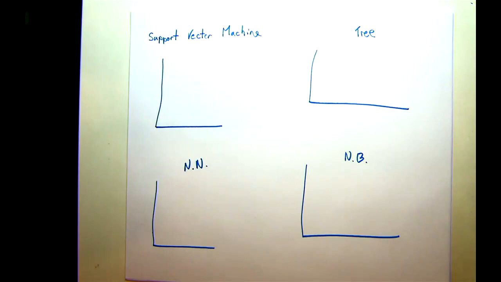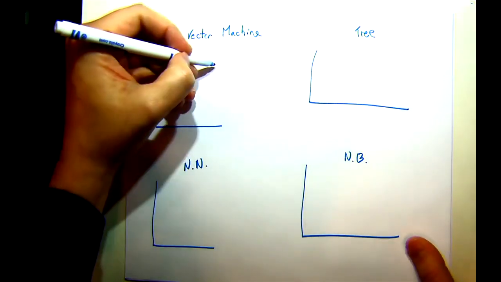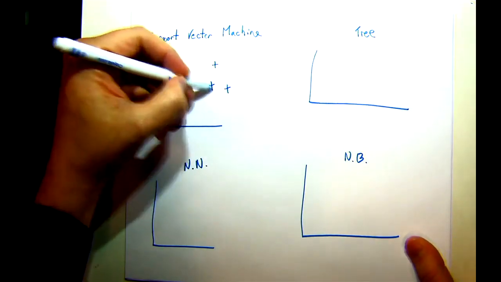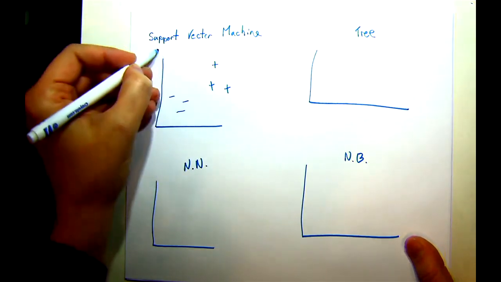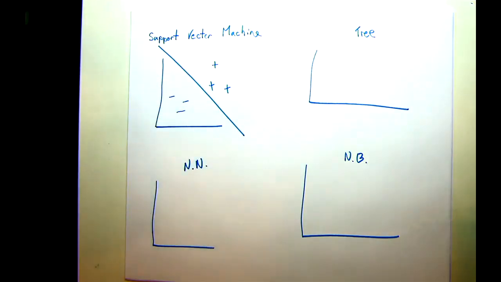Each one of these is going to split up the feature space in a different way. Like I said, a linear classifier is going to try to split it with a line. It's a straight line. It can't curve around. It can't do magical things. It's just a nice straight line.